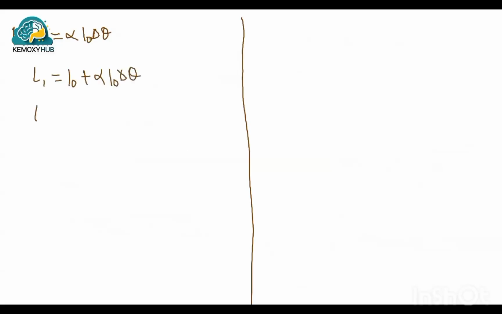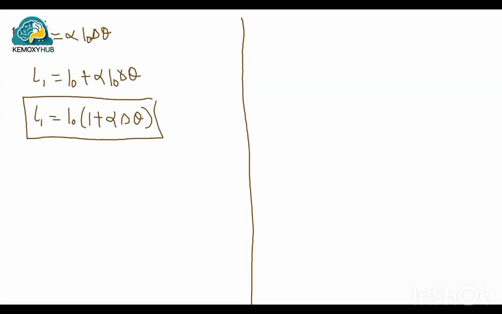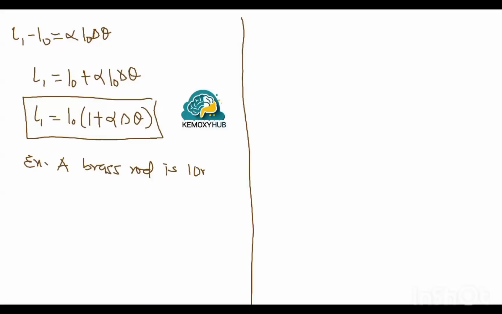So L naught is common. My new length L1 equals L naught into 1 plus alpha change in theta. So this is the formula for your new length.